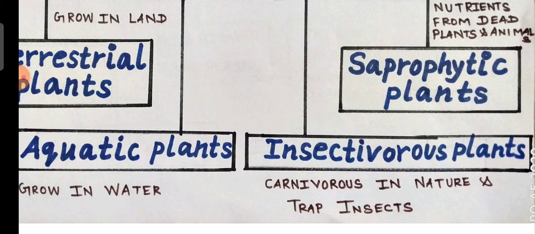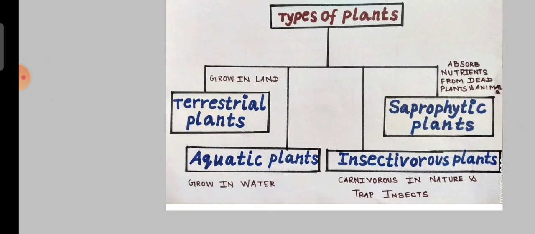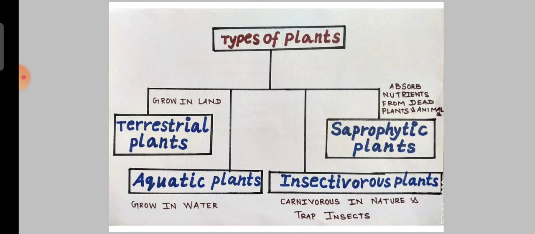These types of plants are insectivorous plants. And saprophytic plants absorb nutrients from dead plants and animals. So we will see the land features before going to the terrestrial plants, aquatic plants, insectivorous plants, and saprophytic plants in detail.